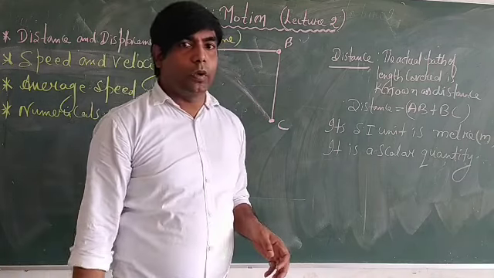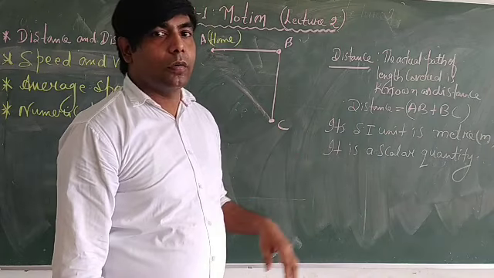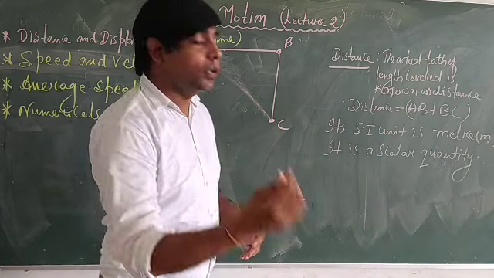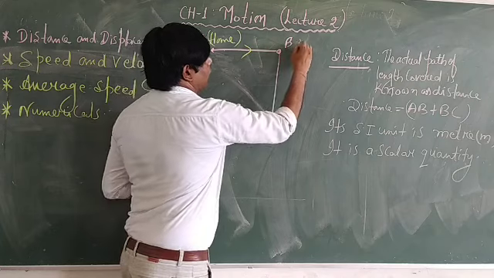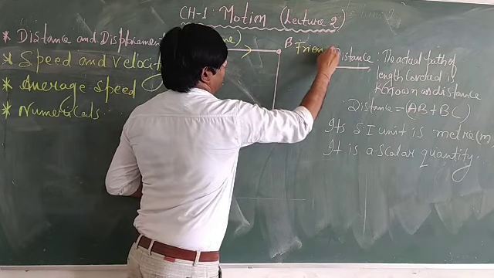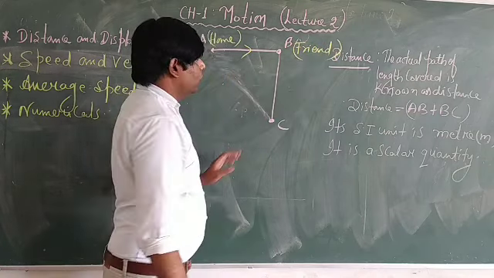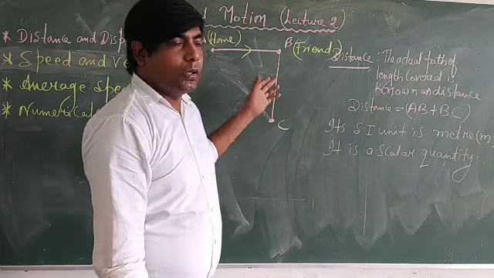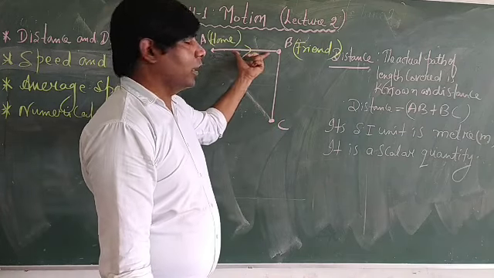From home, that is point A, you started and you are going to your friend's house, that is at point B. When you reach your friend's house, your covered distance is AB.